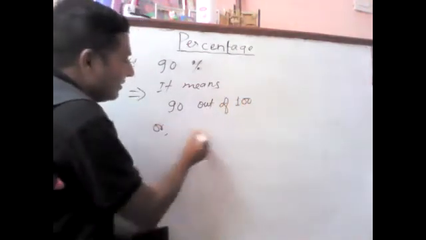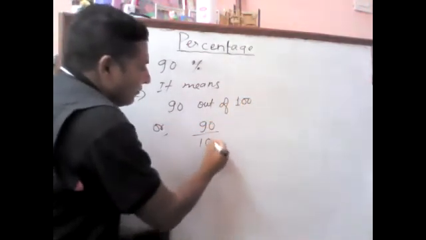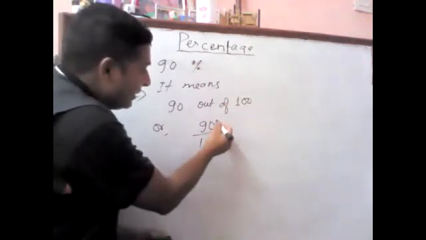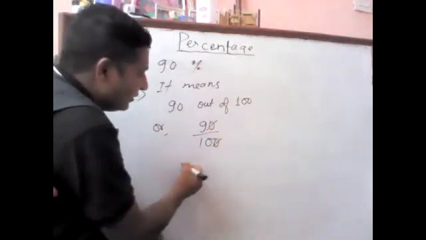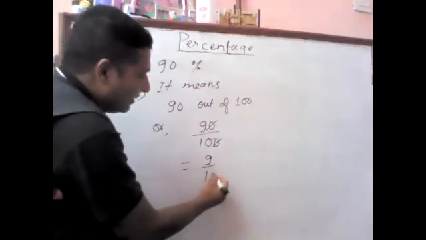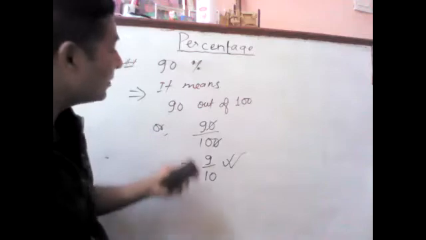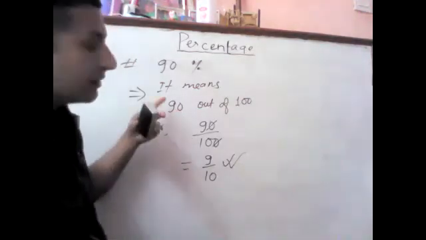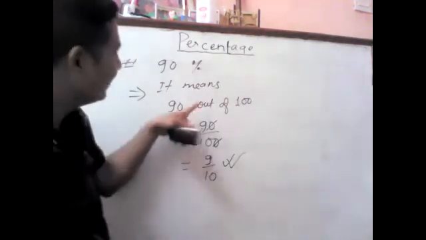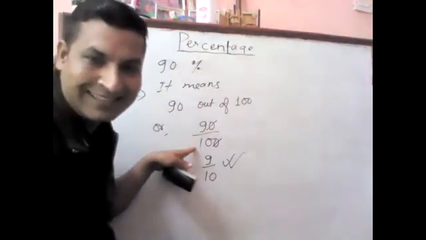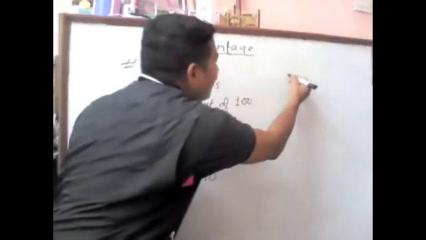If we cancel these zeros, we can convert it into the simplest form of the fraction. So how to convert percentage into fraction? Just divide by 100.